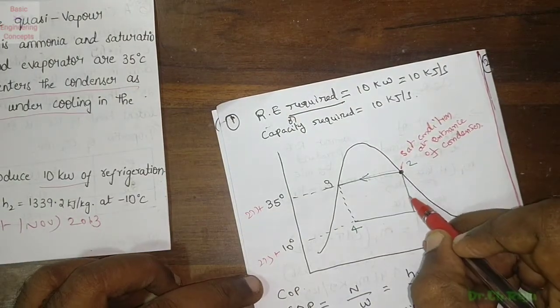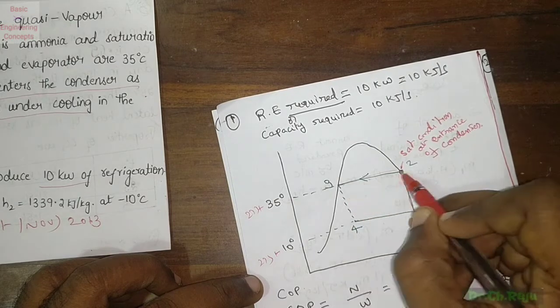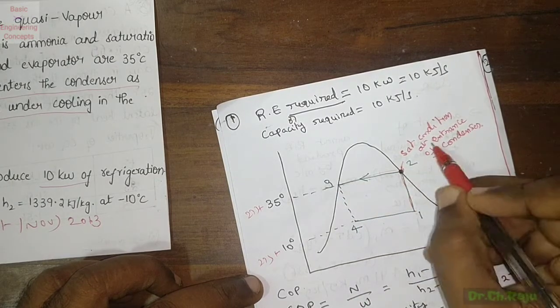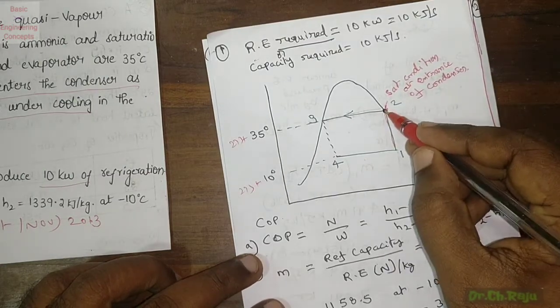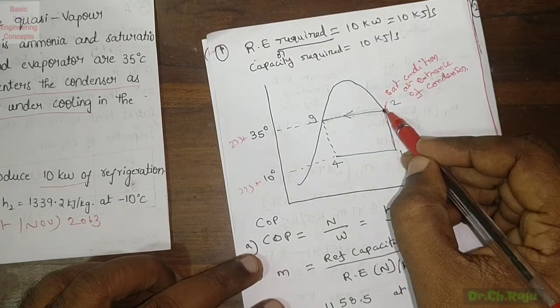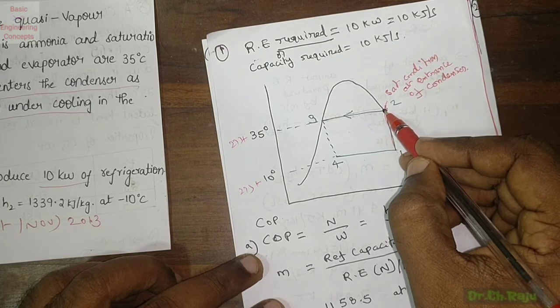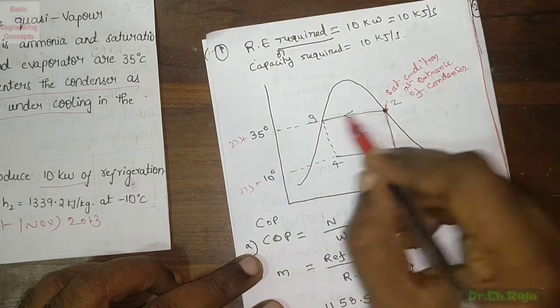So vapor from the compressor enters the condenser in a saturated condition. This is the condition of the high pressure vapor at the entrance of the condenser.